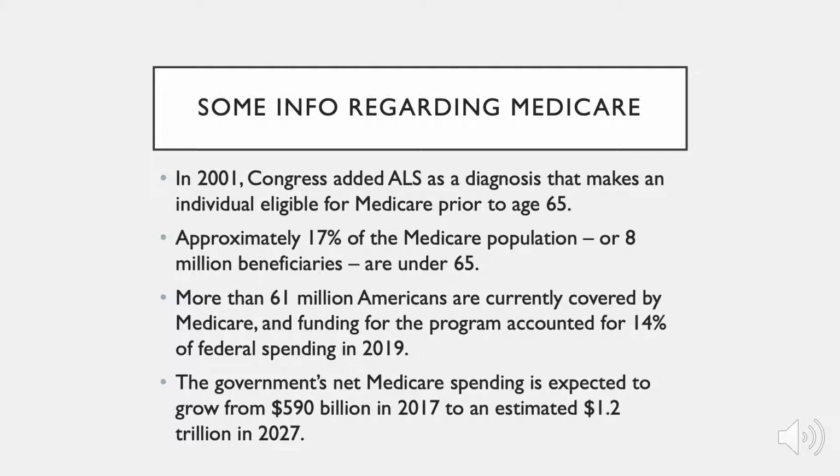More than 61 million Americans are currently covered by Medicare, and funding for the program accounted for 14% of federal spending in 2019. The government's net Medicare spending is expected to grow from $590 billion in 2017 to an estimated $1.2 trillion in 2027. Whoa.